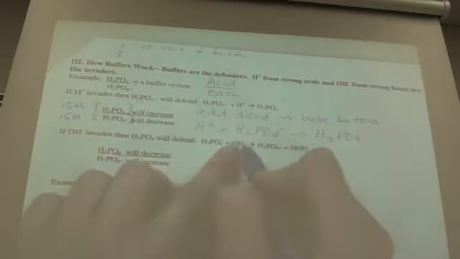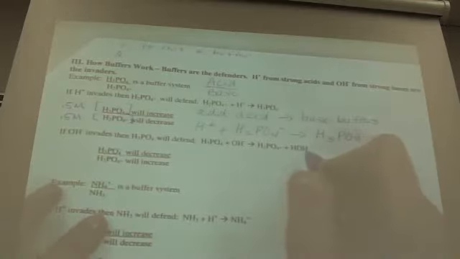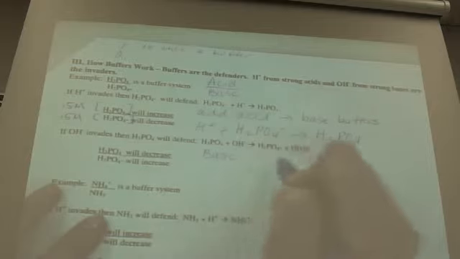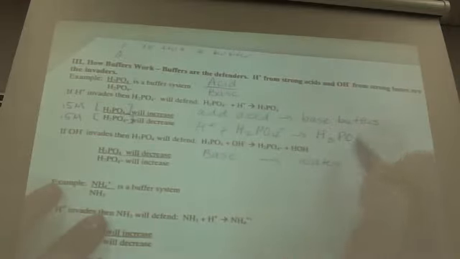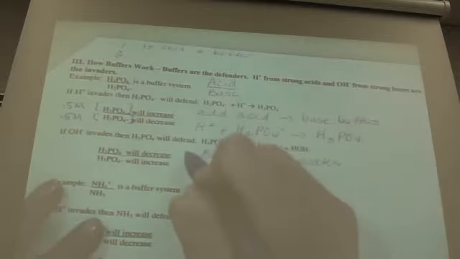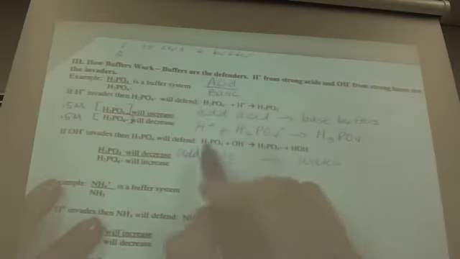Okay, you add a strong base, the acid makes water. Base becomes water. Add base, make water. So here we go.